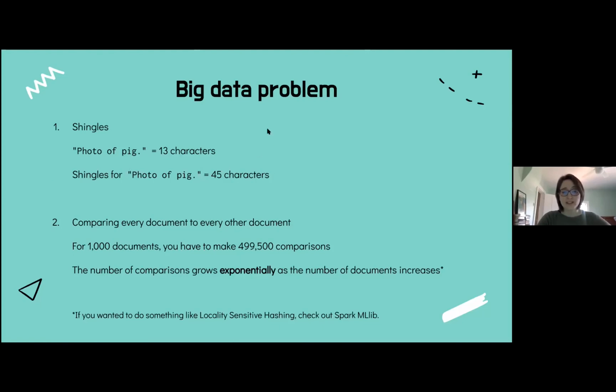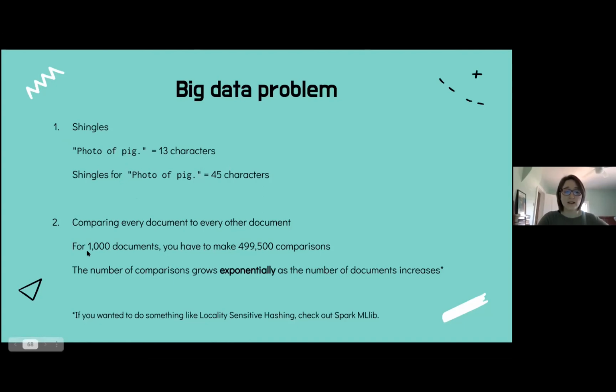So that's the first part of it being a big data problem, that you're dealing with a lot of data. The second part is that in order to find documents that are similar to each other, you have to compare every document to every single other document. I think we're looking at a sample of 1,000 documents.